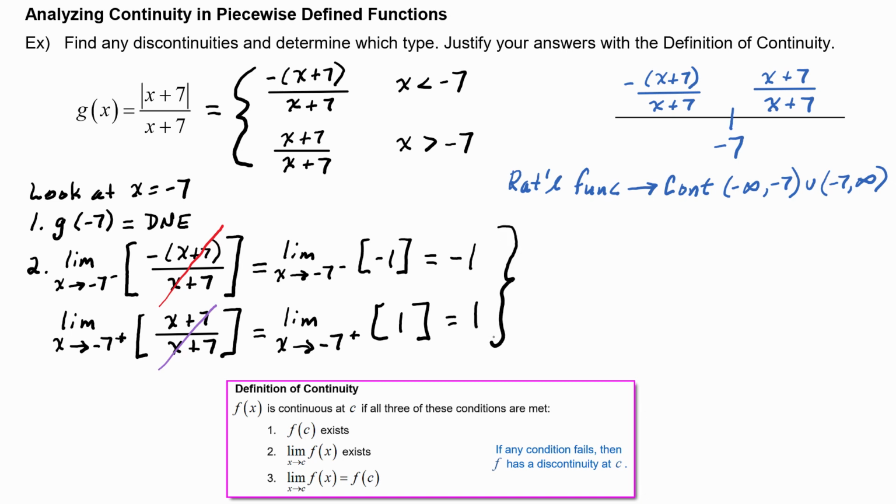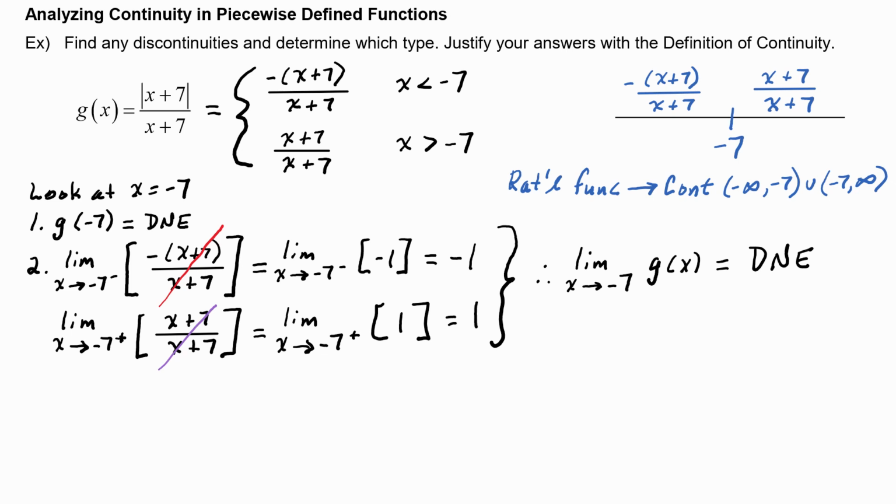Now, because the limit from the left does not equal the limit from the right, we say the limit as x approaches -7, remember this is the two-sided limit of g of x, does not exist.